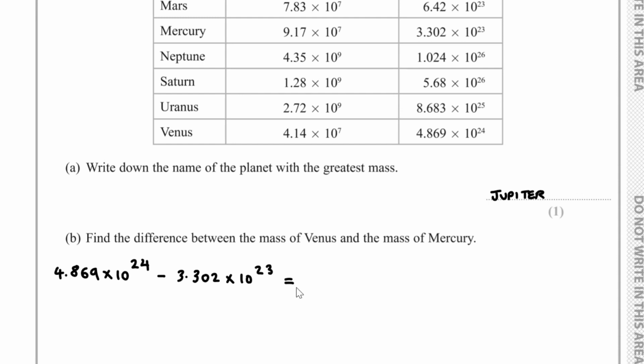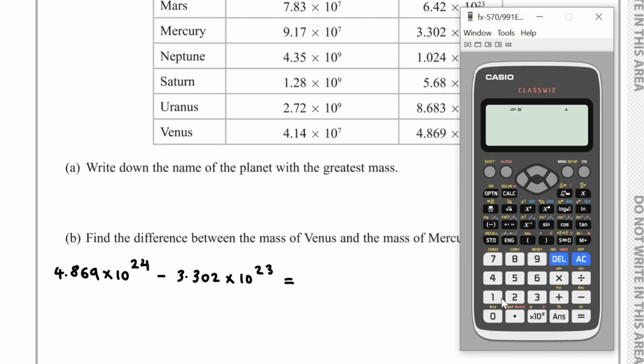So if I work this out, we have 4.869 times 10 to the 24 minus 3.302 times 10 to the 23.